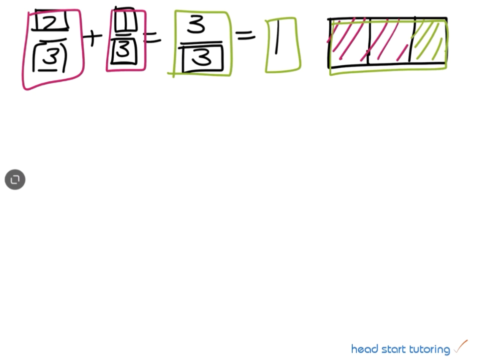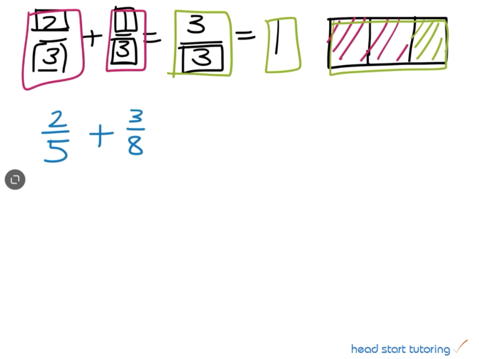Right, so when we are working with fractions that do not have the same denominator, so if we are going to add 2/5 and 3/8 together, what we need to do is find a common denominator.